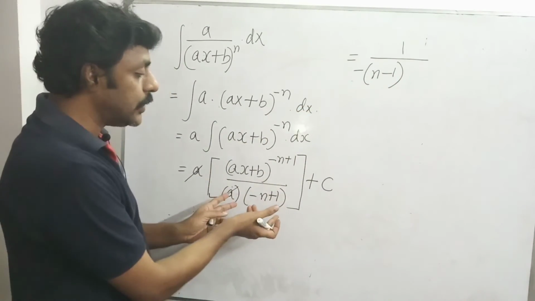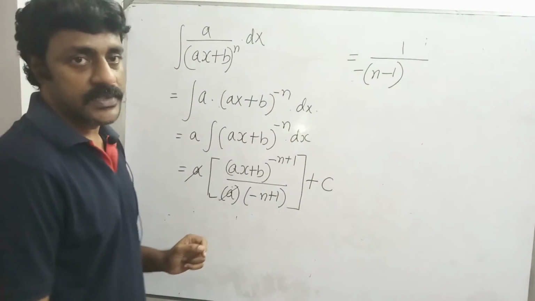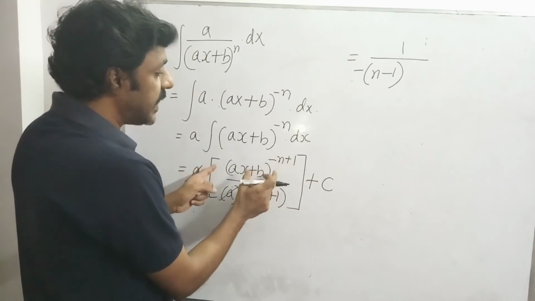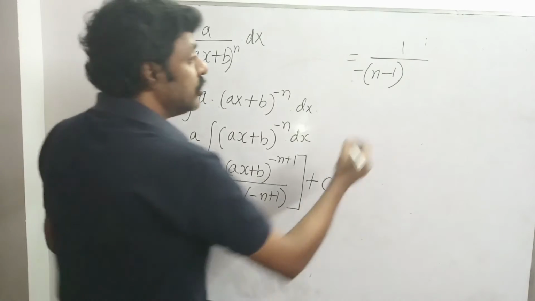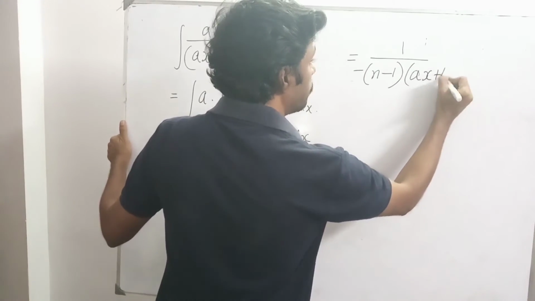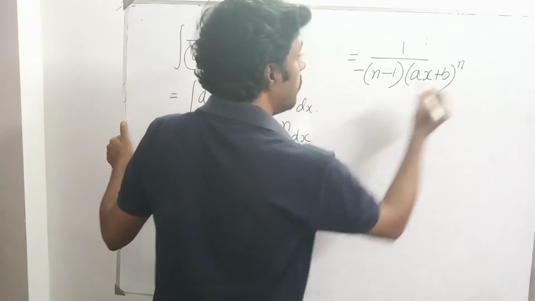Without changing the value, I am altering the respective signs. So minus of n minus 1, and I am taking this ax plus b whole power minus n plus 1 from the numerator to the denominator. So it will be ax plus b whole power n minus 1.